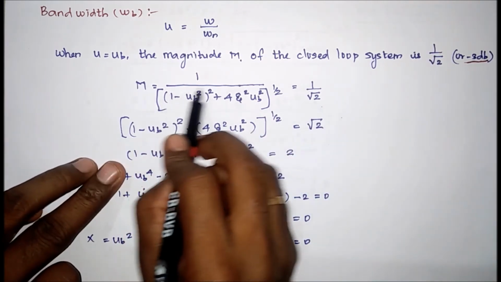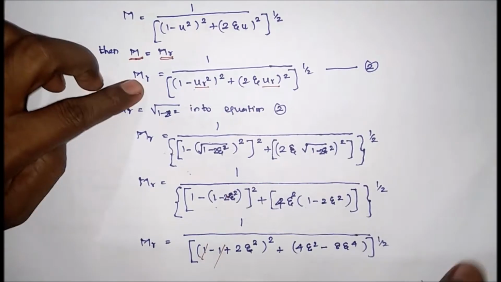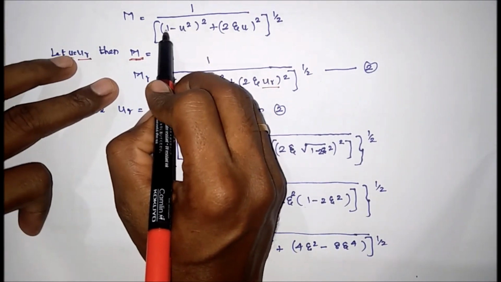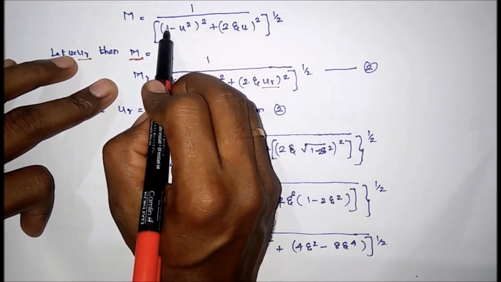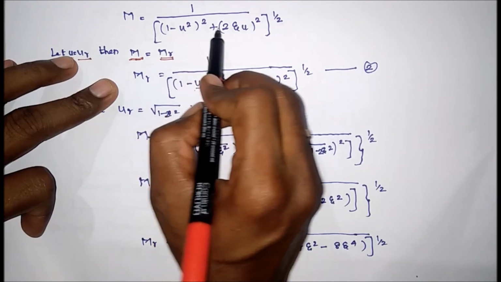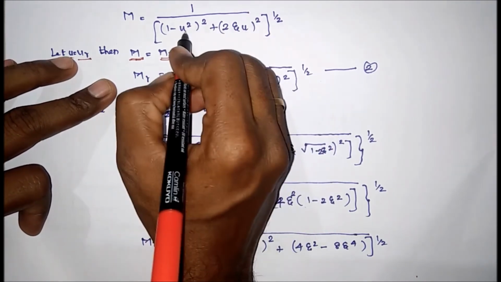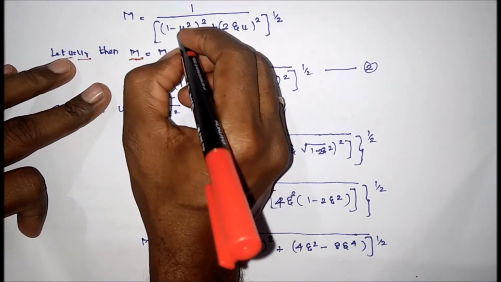So we know the magnitude, which we just derived: M equals 1 by the square root of, or the whole power 1 by 2 of, the quantity (1 minus u square) whole square plus (2 eta u) whole square. In this equation, to get the bandwidth, we have to substitute u equal to ub.